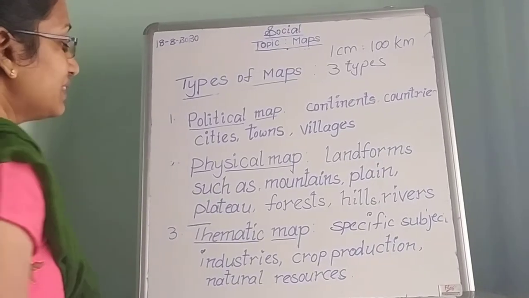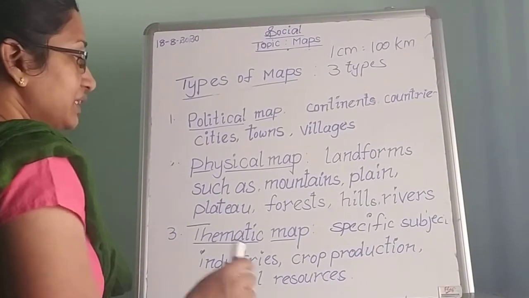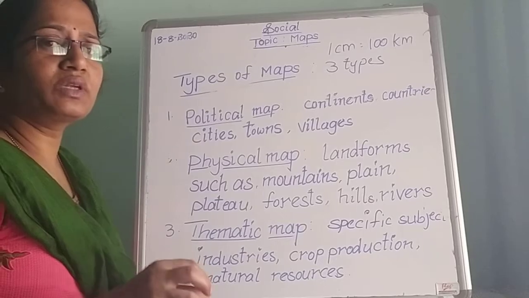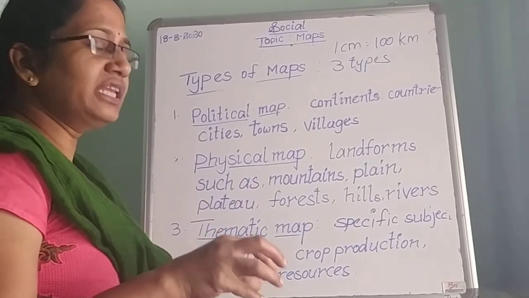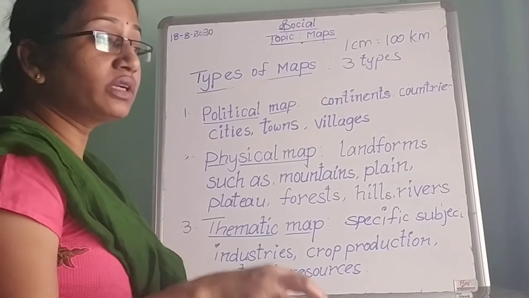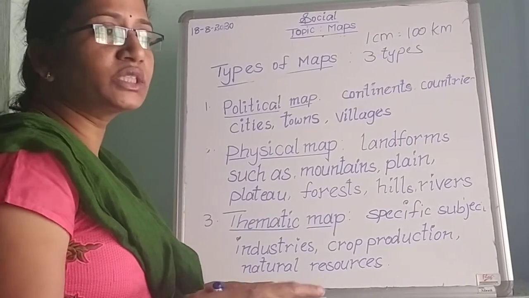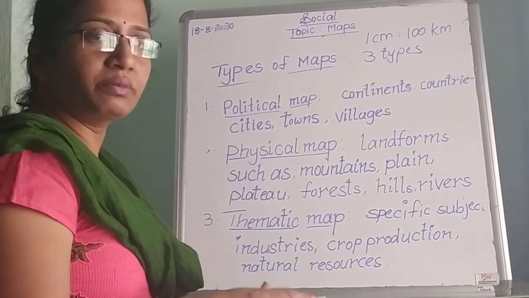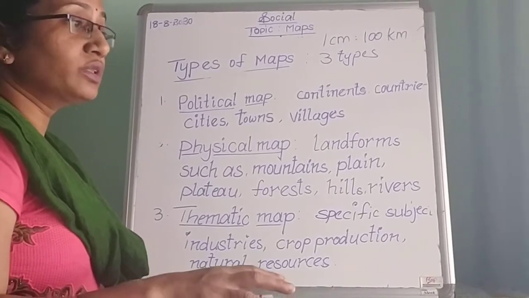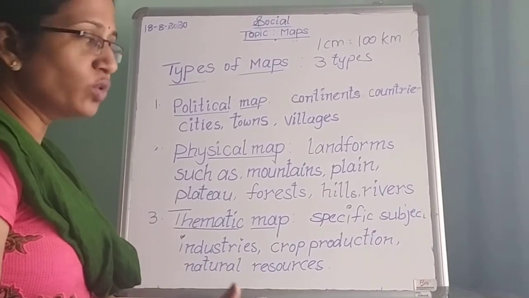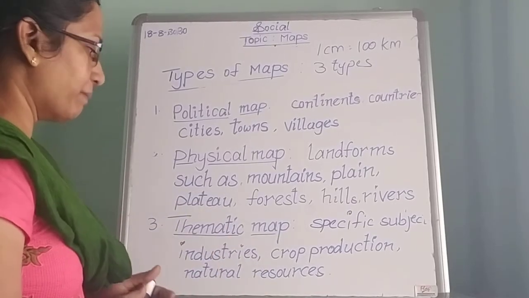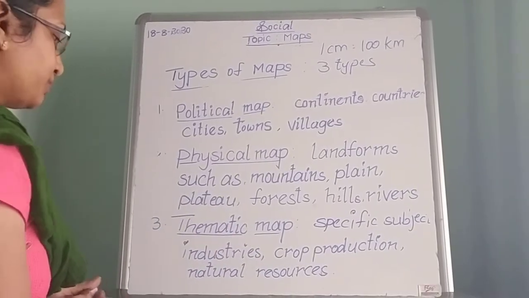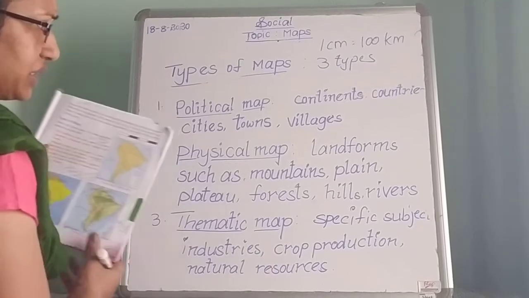Next, thematic map. This one shows a specific subject, any one subject, maybe what production is going on in a particular country or continent, what the crops are, what industries, what natural resources.